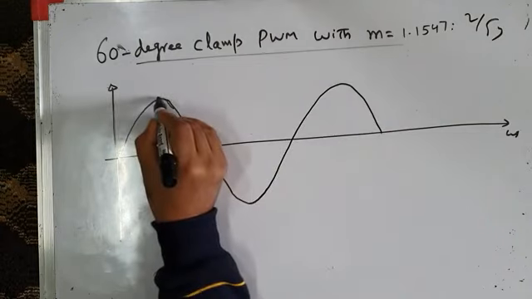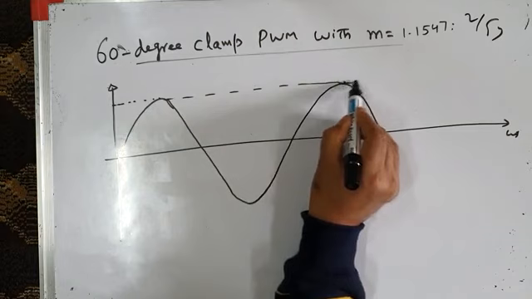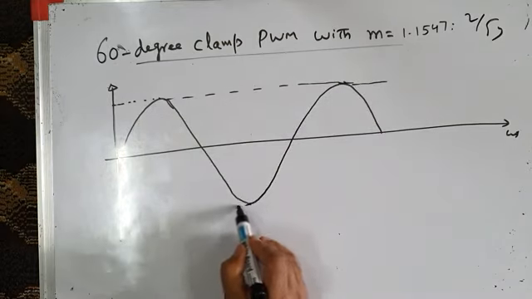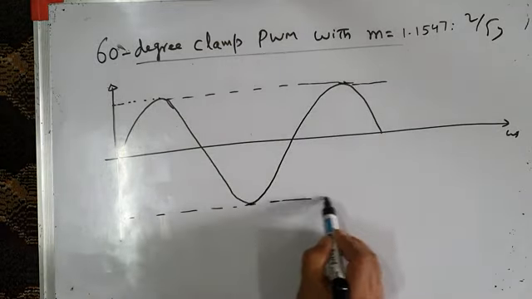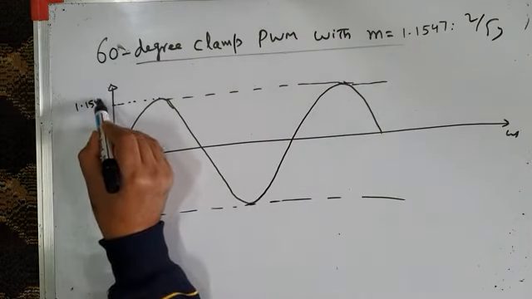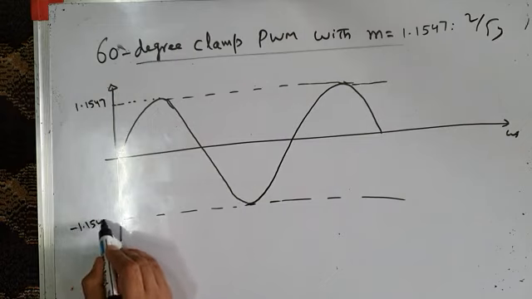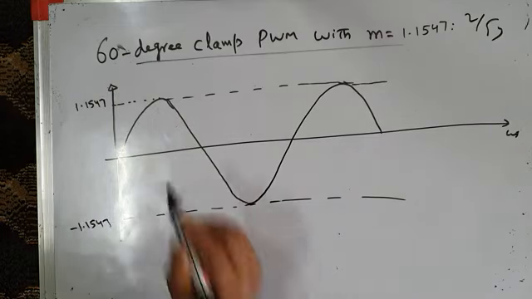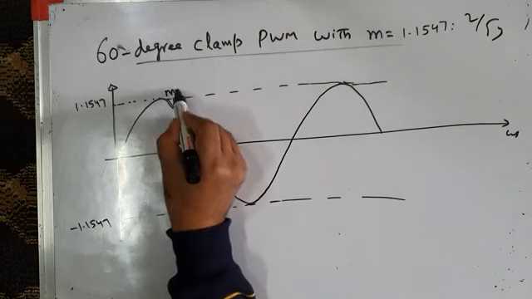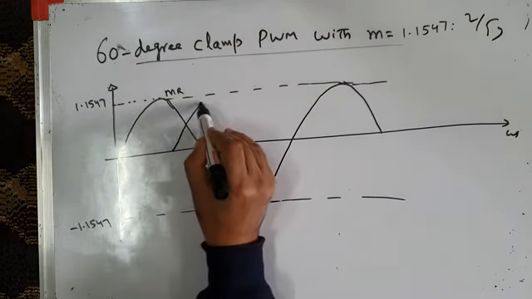So this is modulating wave MR. Now the peak of this modulating wave is 1.1547, positive peak, and negative peak is minus 1.1547, right? This is my original modulating wave MR. My MY will start after 120 degrees like this.